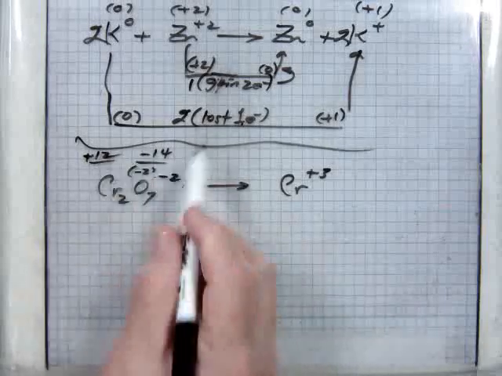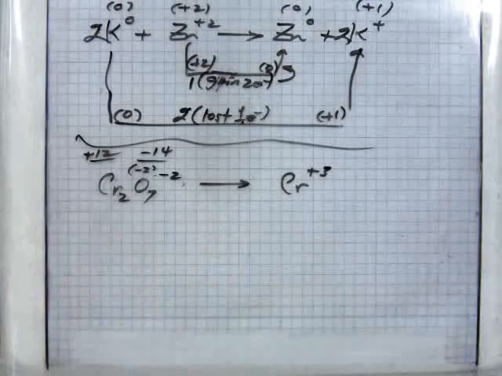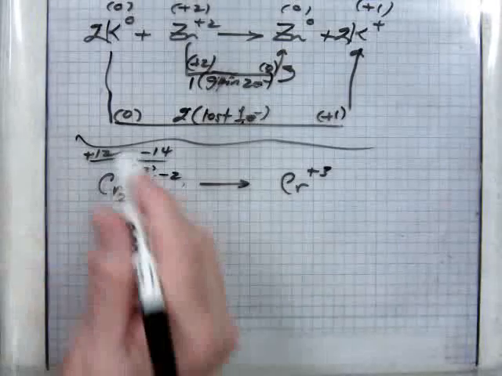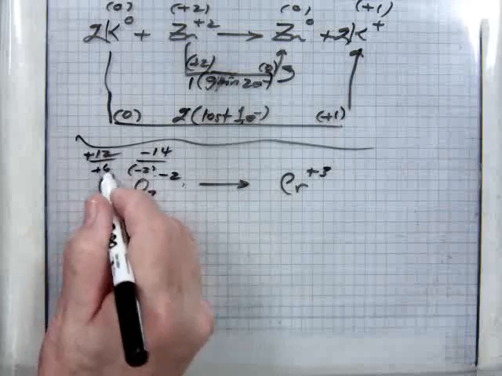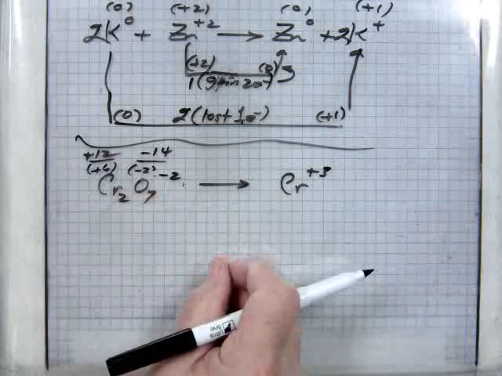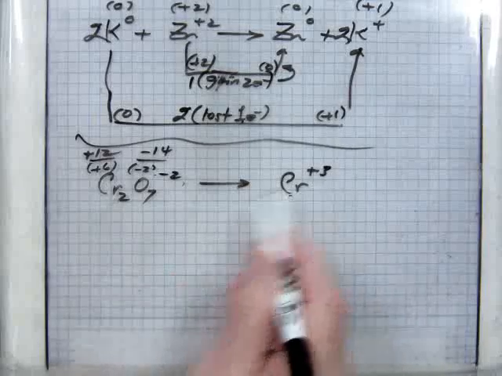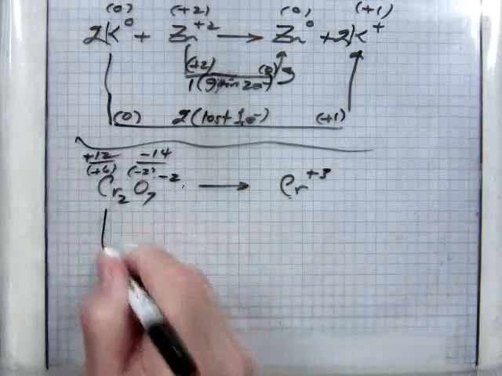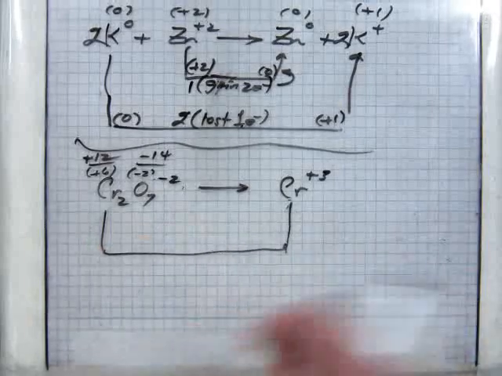So plus 12 minus 14 gives me a minus 2. Everybody see what I did? All right. So I have 2 of them, so each one of the chromes is a plus 6. Everybody good? Any questions? Now, identify what's going on here. Since it's a half reaction, it's either going to be oxidation or reduction.